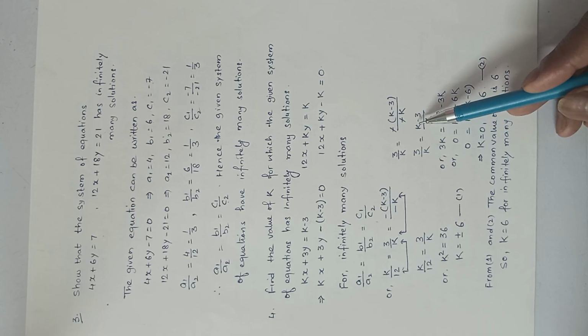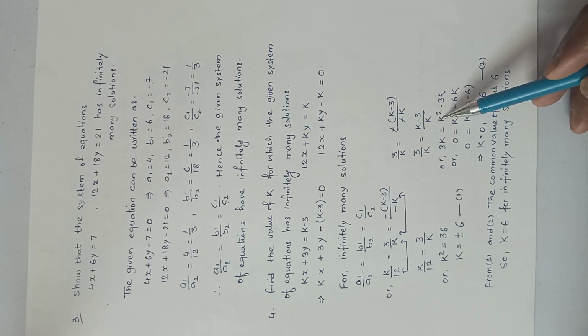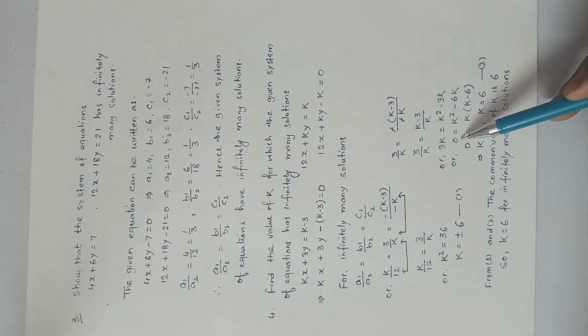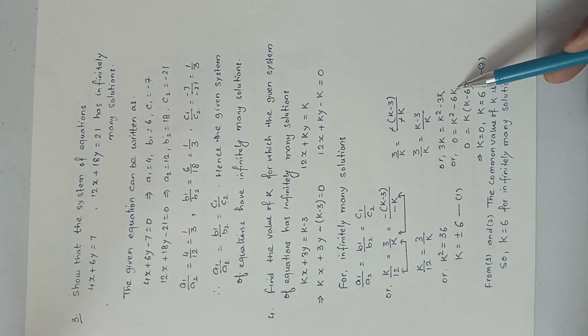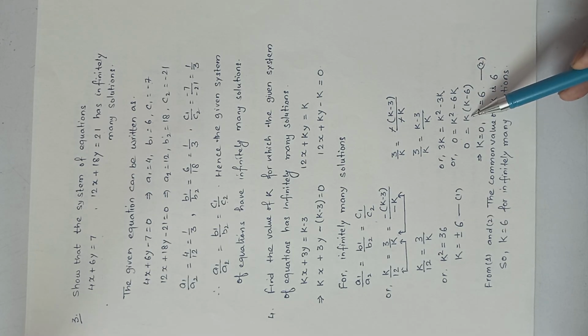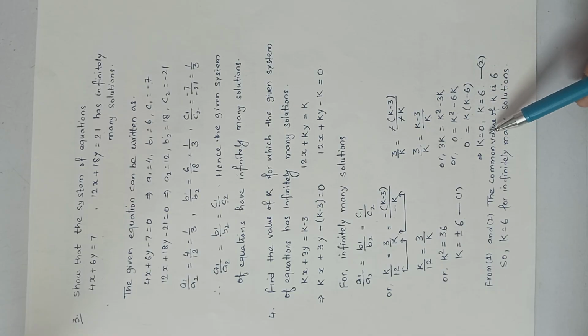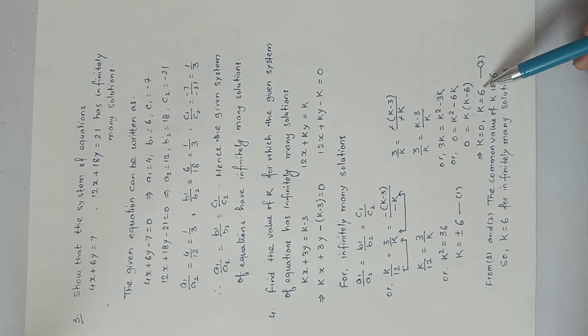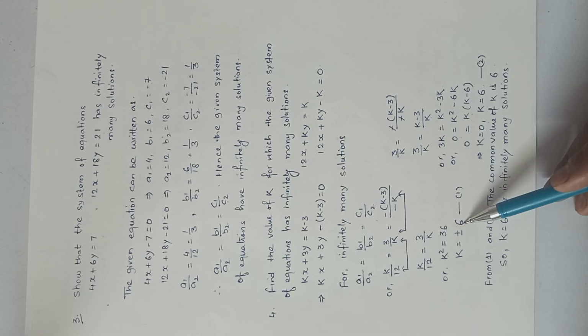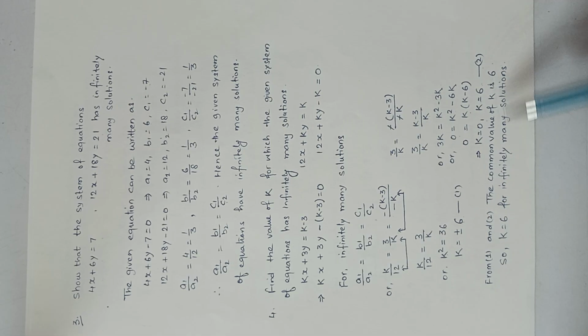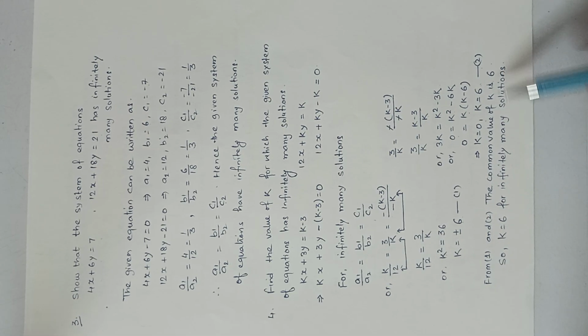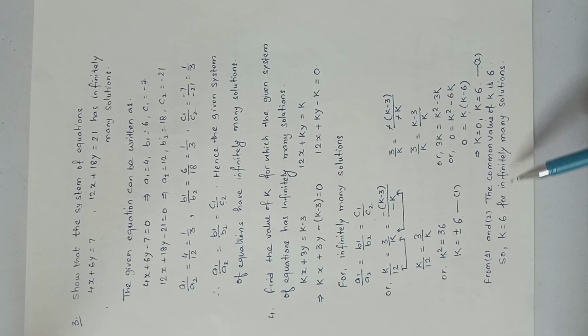On cross multiplication, we get 3k equals k square minus 3k, or 0 equals k square minus 6k. Taking k common, 0 equals k into k minus 6, so k equals 0 and k equals 6. Now we can see from equation number 1 and equation number 2, the common value of k is 6. So k equals 6 for infinitely many solutions.